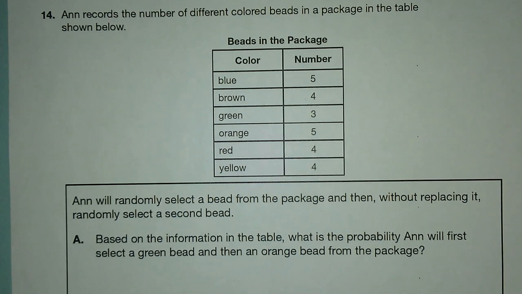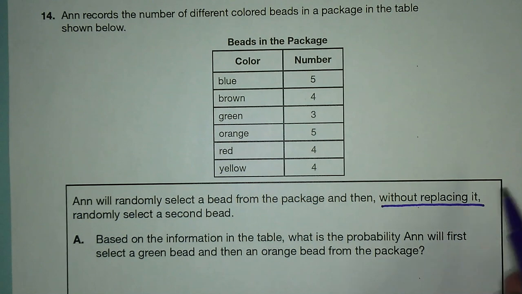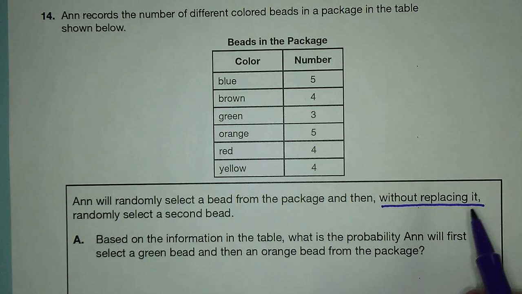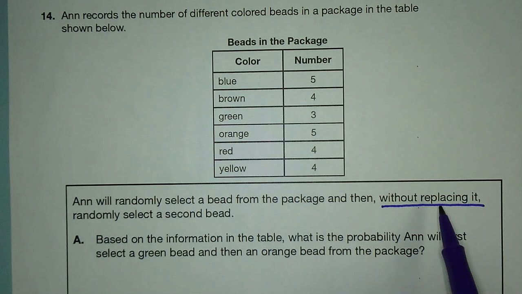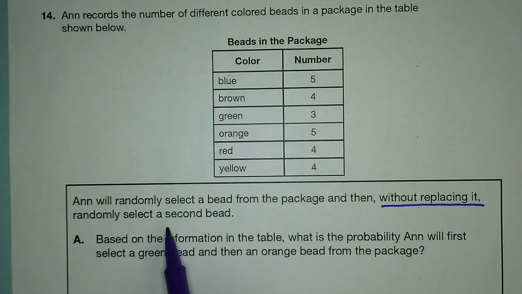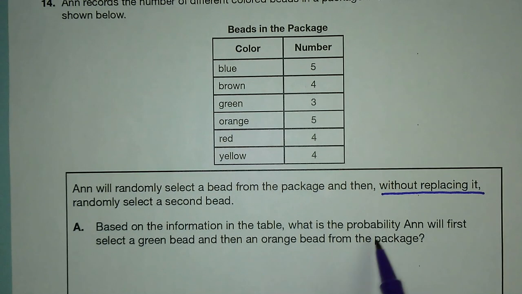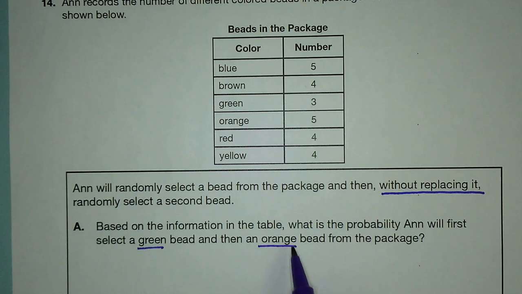Anne will randomly select a bead from the package, and then, without replacing it, I know enough to know that's a very important detail, randomly select a second bead. Based on the information in the table, what is the probability Anne will first select a green bead and then an orange bead?